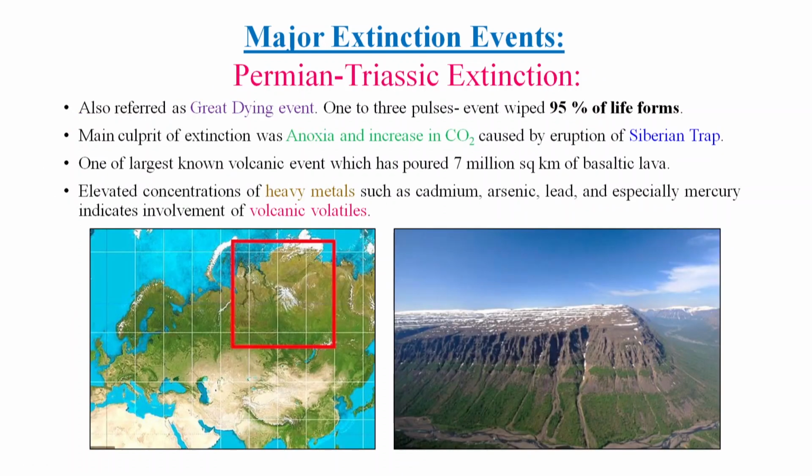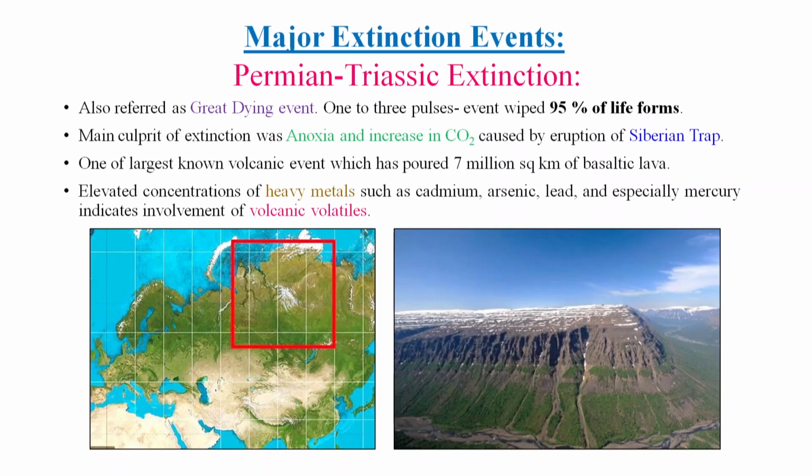Then again, a very significant event, one of the major mass extinction events, is the Permian Triassic extinction, also referred to as the Great Dying Event. It happened in one or ranging from 1 to 3 pulses, leading to the death of 95% of the life forms, meaning 95% of the biodiversity was lost at that time.